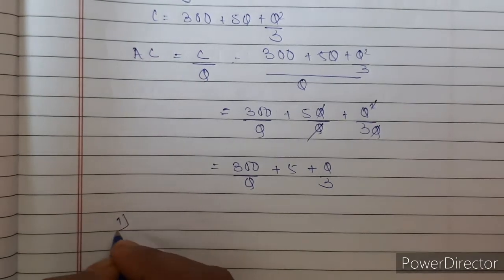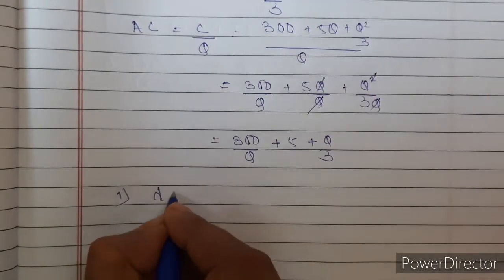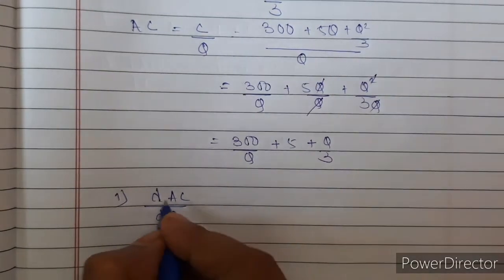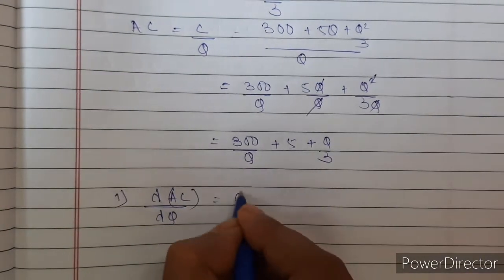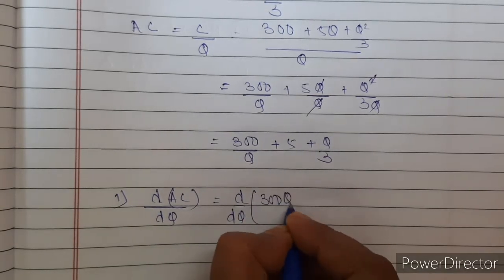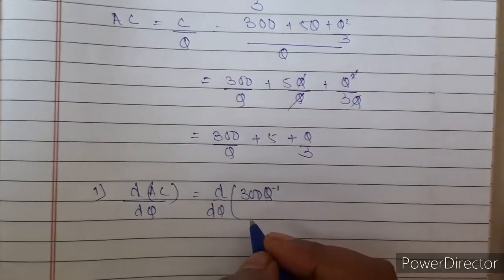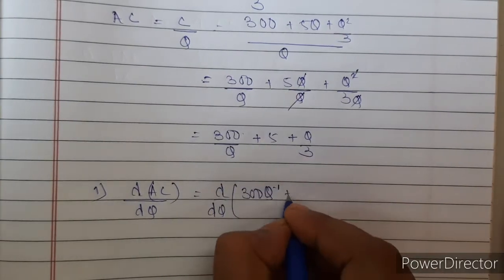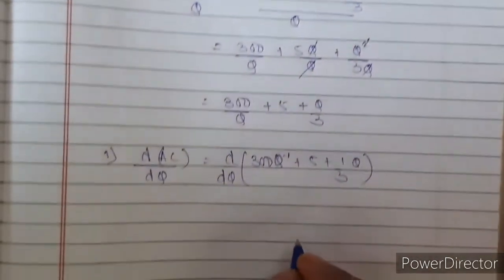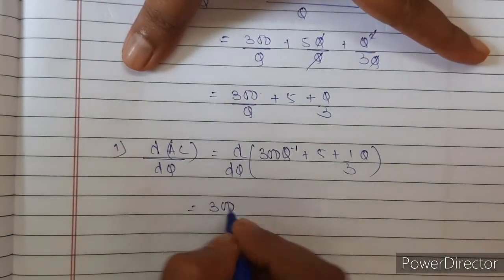So the first step to find minimum is to find the derivative of average cost with respect to quantity. Okay, so our average cost is 300, I'm writing this as Q inverse, plus 5 plus 1 by 3 into Q. So 300 is a constant.